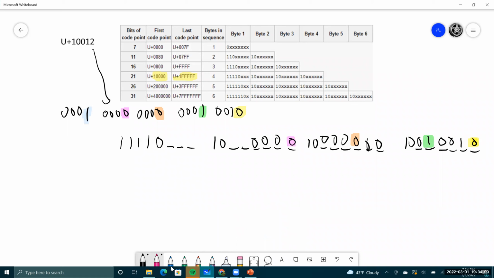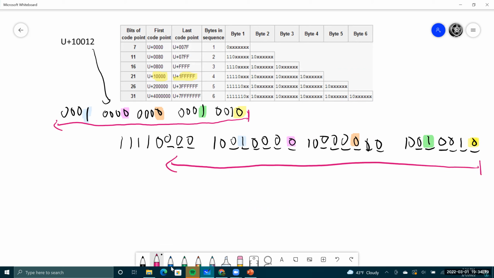This would be 1, 0, 0, 0, and I can just pad it with a 0 now. So essentially, I'm taking everything from the lowest to the highest and filling in the spots I had for populating my value. And that's your answer of how this code point would be encoded in UTF-8.